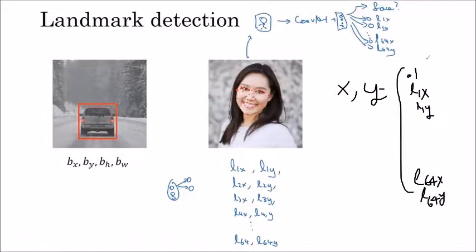These coordinates help us to detect whether that person's face is a smiling face, as in emotion detection.